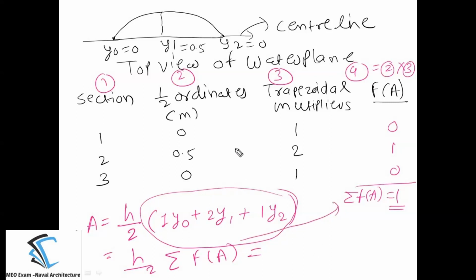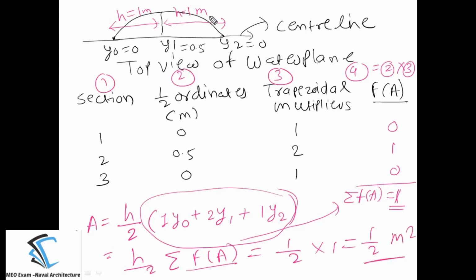And one more thing which I forgot to tell you, this h. So h is a full spacing here, so h you can take as a 1 meter. So take the value of h here, 1 by 2 into function of area, already we have calculated from the table, that is a column number 4, into 1. So you will get 1 by 2 meter square.